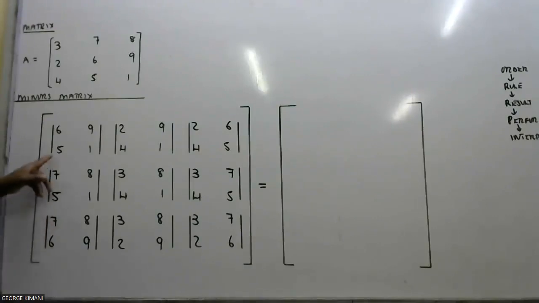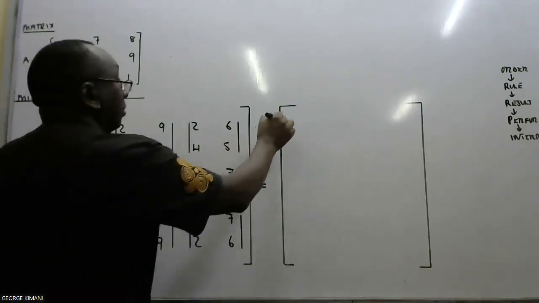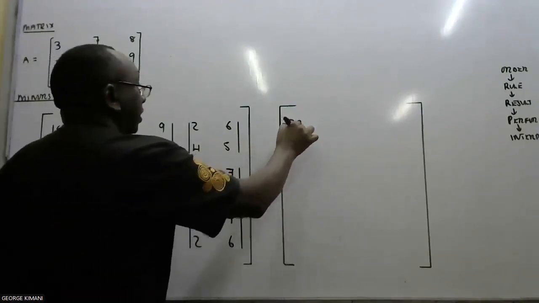Now, as you can see, I've put these numbers inside strokes, meaning they are determinants. So take a calculator to solve the determinants. 6 times 1 minus 9 times 5, that is minus 39.